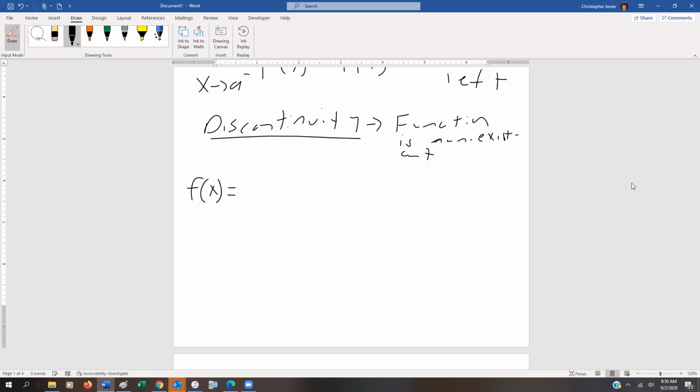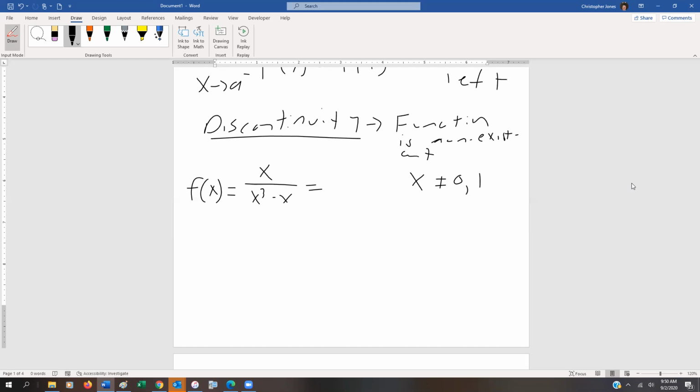So for instance, we might have a really basic function, f of x is equal to maybe something like x over x cubed minus x. And we know that we can simplify that, and we know right away that x cannot be equal to 0 or 1.